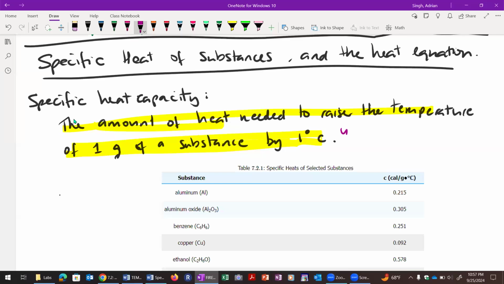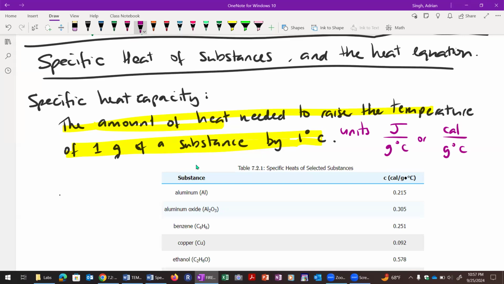Typical units that we'll see here would be joules per gram degree Celsius, or sometimes calories, a unit of heat, per gram degree Celsius. Essentially you could use any unit of heat, any unit of amount, any unit of temperature, but those are the most common ones that we will see.